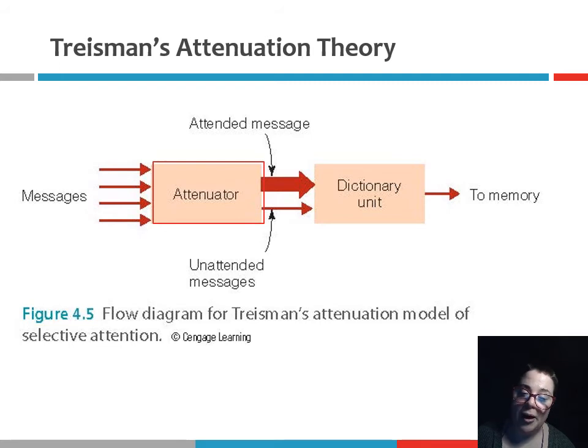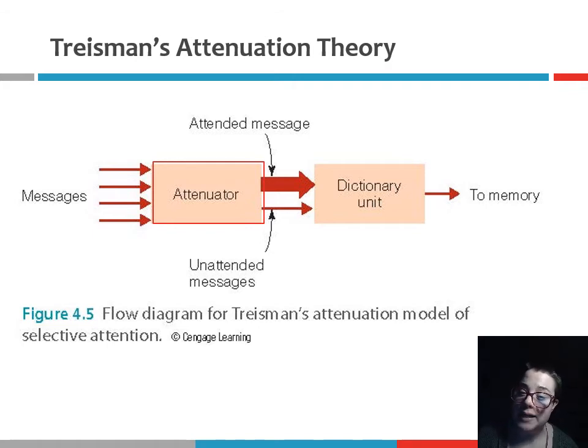So the first model that attempted to preserve this cognitive economy, or think about the efficiency of attentional processing, was the attention attenuation model. And this was proposed by Anne Treisman.